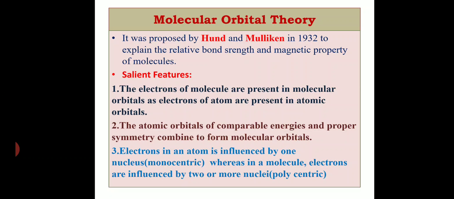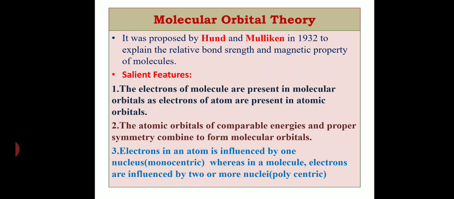Point number 1. The electrons of molecules are present in molecular orbitals as electrons of atoms are present in atomic orbitals. Remember, it is a comparison between atomic orbital and molecular orbital. Just as electrons are present in atomic orbitals, electrons are also present in molecular orbitals, right?